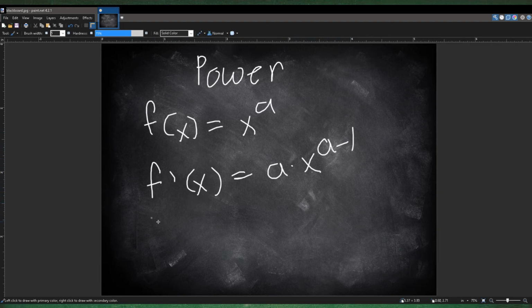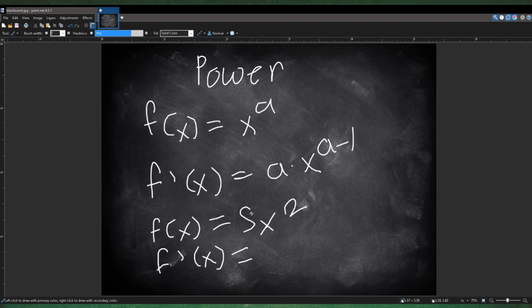So how does that work? Let's just say we have something like f of x is equal to 5x squared. If we take the derivative of that, we already have 5, so that's a constant. This is made up of two things: a constant and a power. So we could just leave the 5 there and then multiply. Because the derivative of this, we just move 5 away.